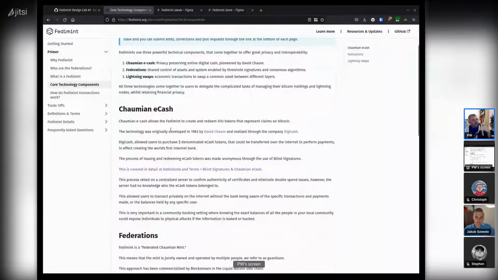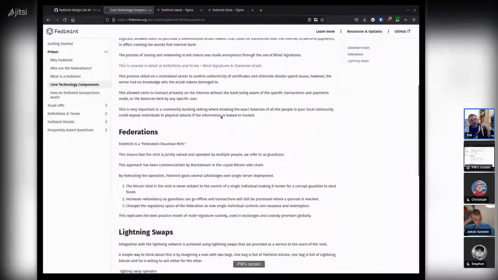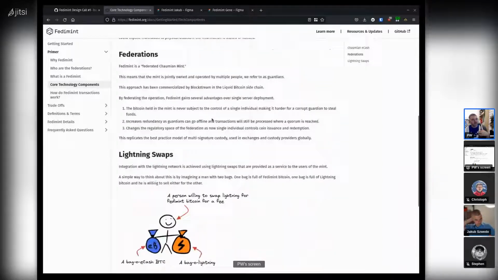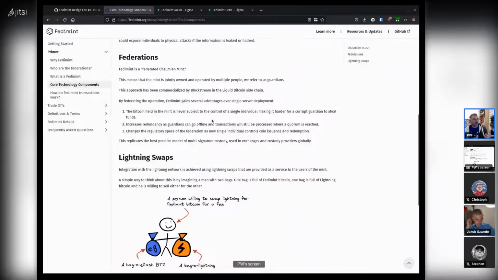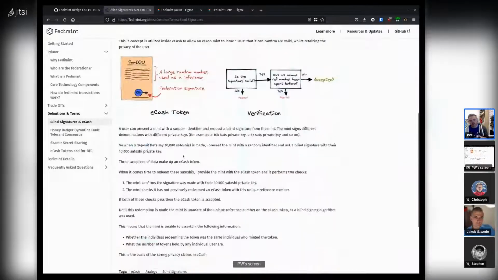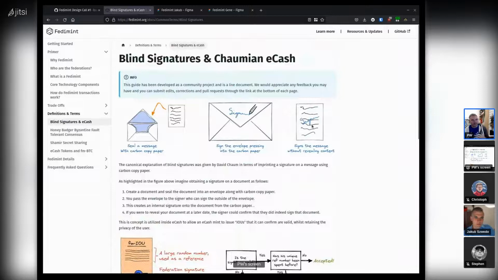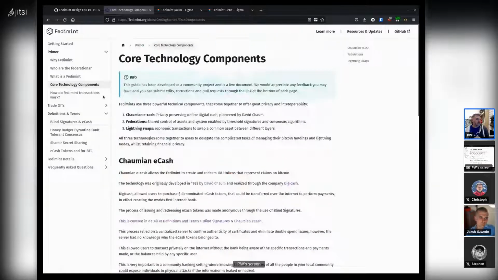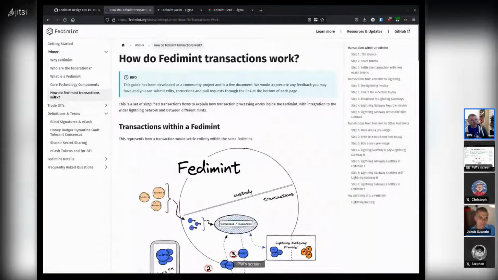So from there, we go into what are the core technology components? We've got eCash, federations, and lightning swaps, and how do each of those work? We can click through into the section down here. So we've got the canonical examples of the blind signatures and how they work, how that's represented in the eCash token, and then how it's verified. If I come back to here, we've got how the Fedimint transactions work.